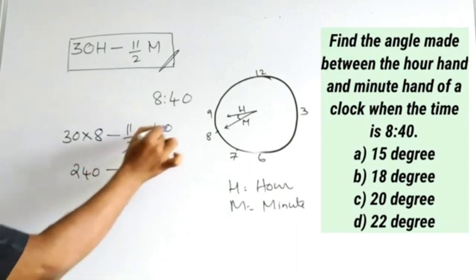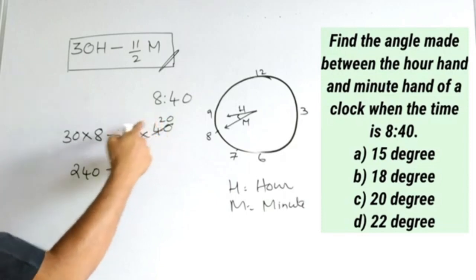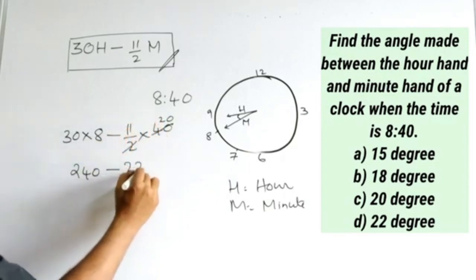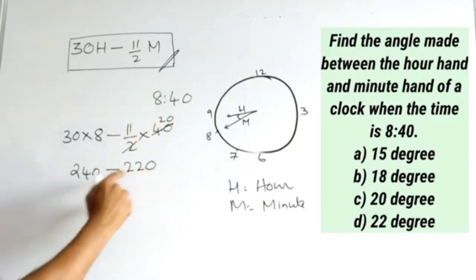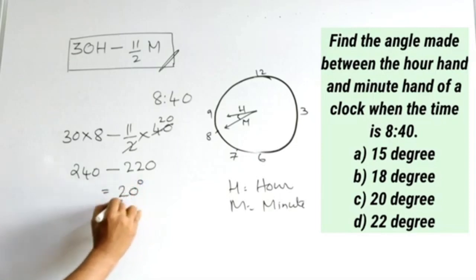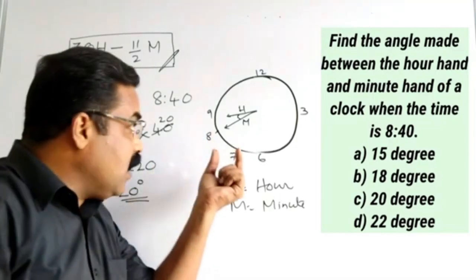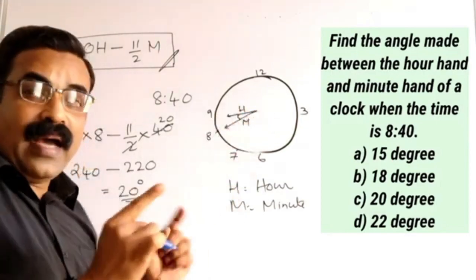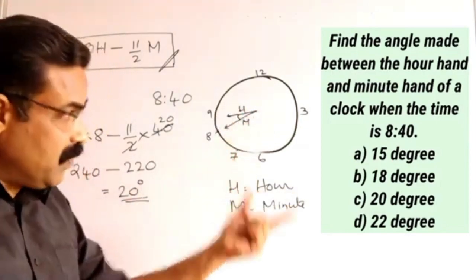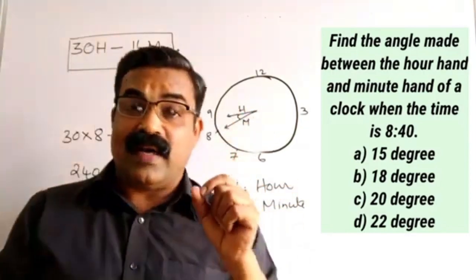Minus, cut this 2 and 40, 20 times 11, 220. 240 minus 220. You got the answer? 20 degrees. So 20 degrees is the angle between these two hands, hour hand and minute hand. From the given options you can mark the correct answer.